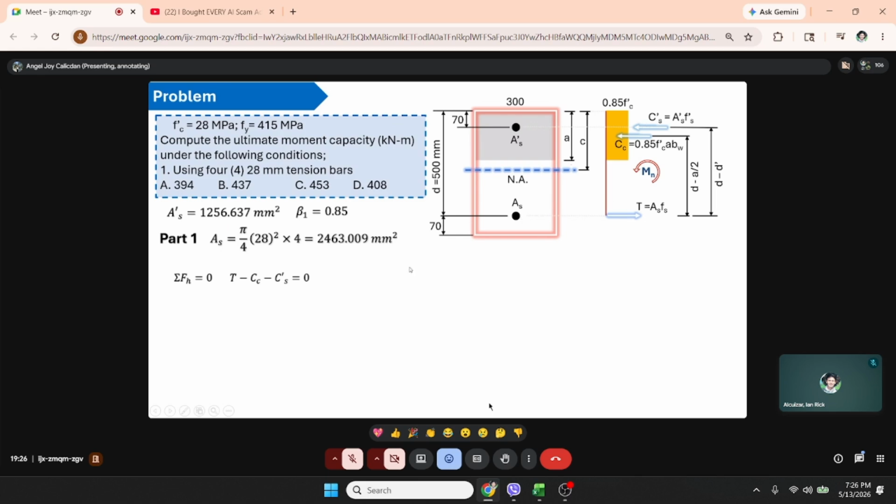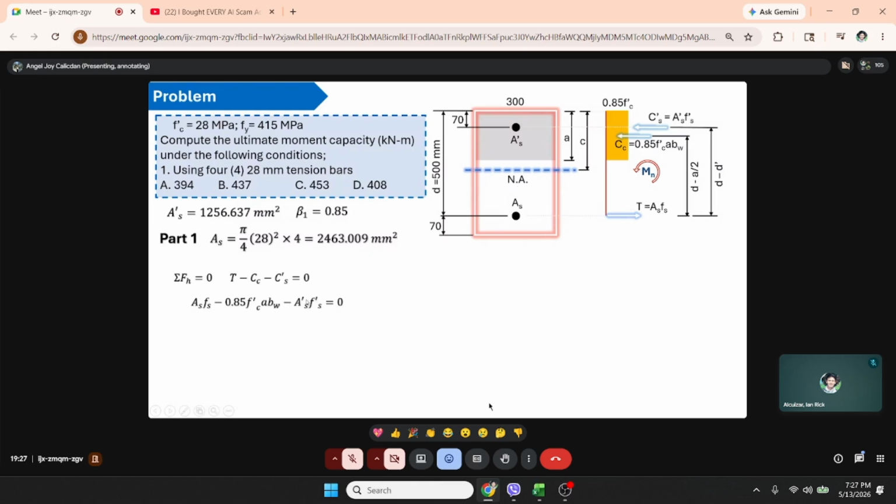We now have an additional na compression due to the compression steel. And katong compression due to the compression steel is equal to AS prime times FS prime.